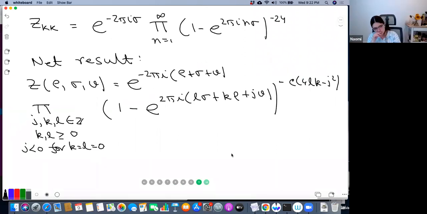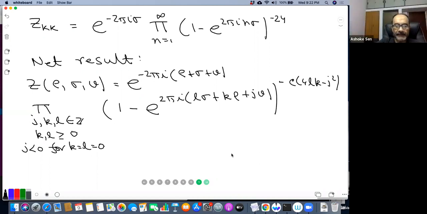Okay, so now the idea is that you can take this J. Okay, I should have said something else. Let me say this now. This, in fact, is a famous function. This is written as 1 over phi 10 of rho, sigma, v. This is what is called the Igusa cusp form.